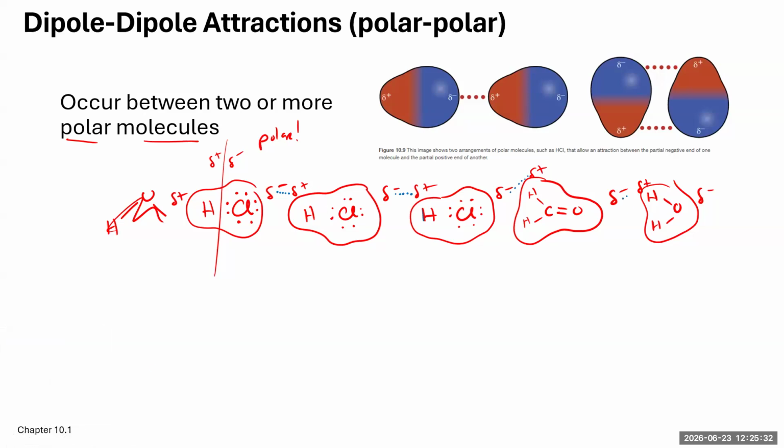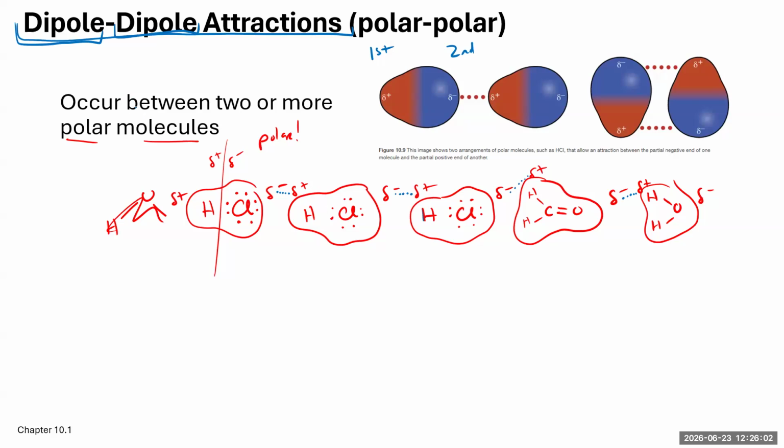So the requirement for a dipole-dipole interaction or a dipole-dipole attraction is you have to have at least two polar molecules. Because again, you have a dipole for one and you have to have a dipole on the other, which means two polar molecules, because you need a negative side and a positive side to attract either the negative side or the positive side of the other.